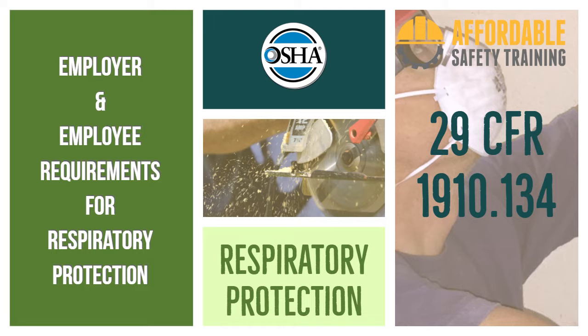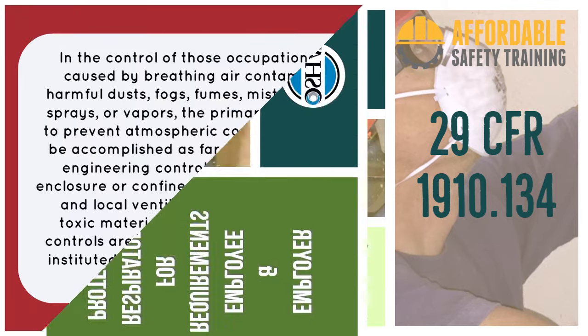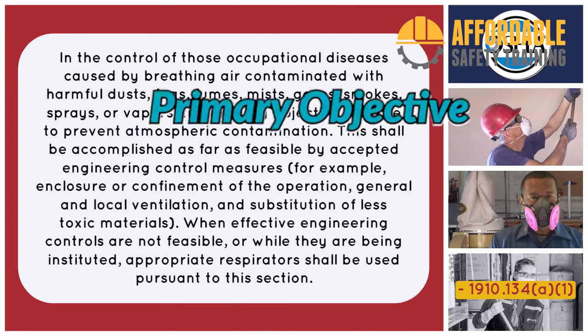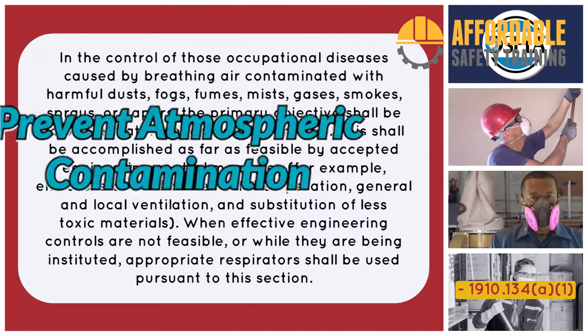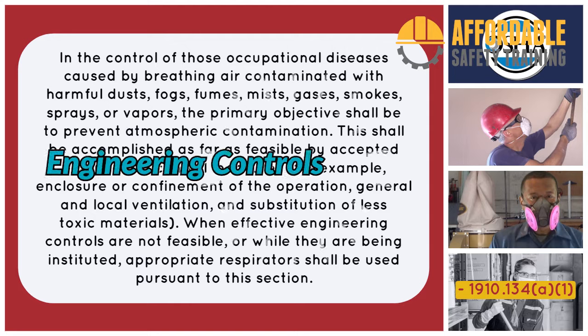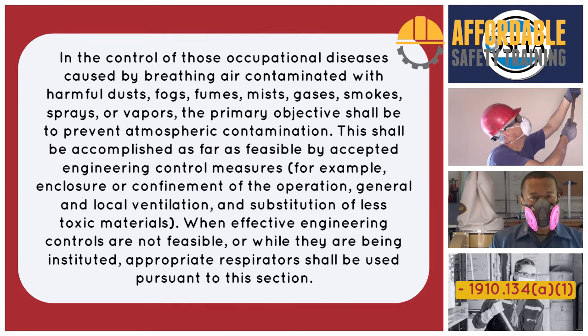This respiratory protection regulation opens with this very important statement. In the control of those occupational diseases caused by breathing air contaminated with harmful dusts, fogs, fumes, mists, gases, smokes, sprays, or vapors, the primary objective shall be to prevent atmospheric contamination. This shall be accomplished as far as feasible by accepted engineering control measures.